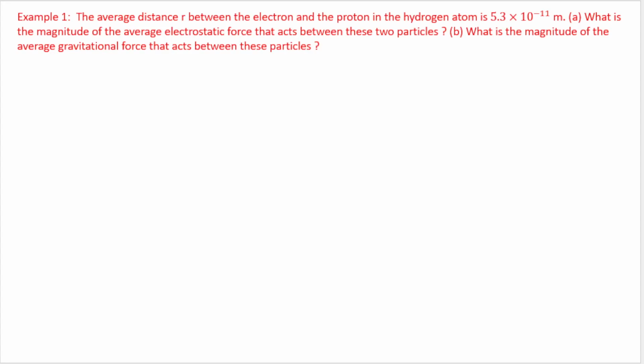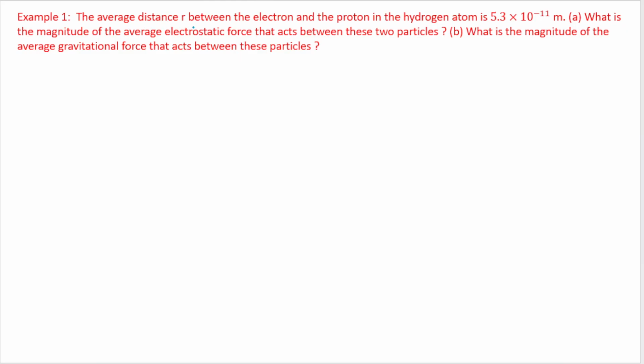In this lecture, we will work out two examples that make use of the Coulomb's law that was presented in the previous lecture. So the first example is as follows.